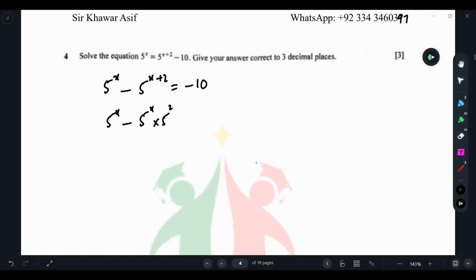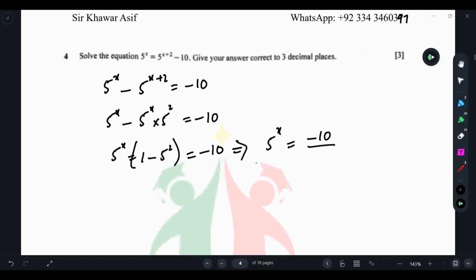5 power 2 is equal to minus 10. Now we can take 5 power x as common. So this will be 1 minus 5 square is equal to negative 10. Now we can write it as 5 power x is equal to negative 10 over 1 minus 25.